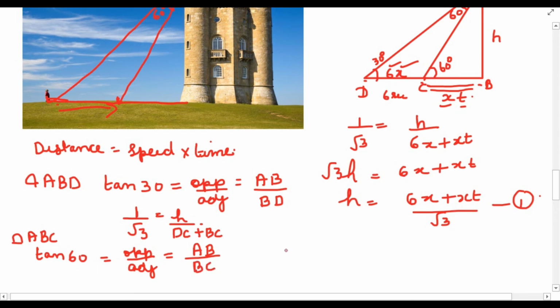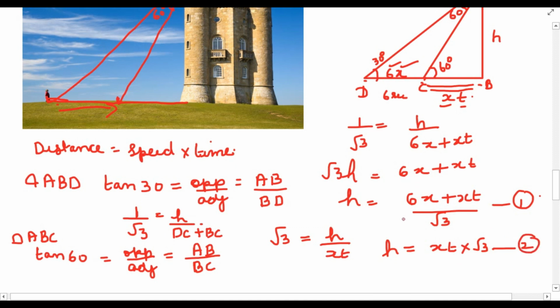We'll substitute the values. Tan 60 is root 3 equal to h divided by BC, which is equal to xt, and from this we can write h is equal to xt into root 3. Now let us give this equation number 2.